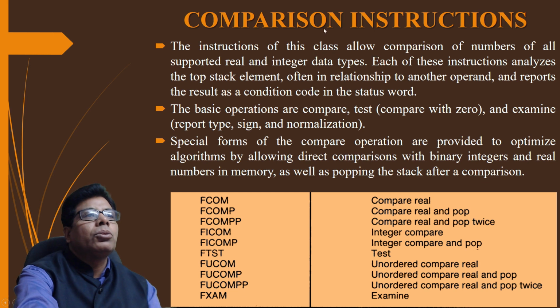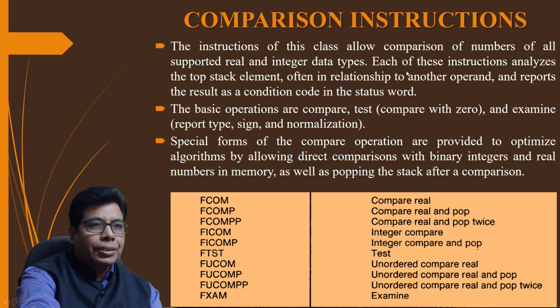Then let us move on to the comparison instructions. Now here, this class of instructions is for comparison of numbers of all supported data types, that is real and integer. Each of these instructions analyzes the top stack element, often in relation to another operand, and reports the result as a condition code in the status word.